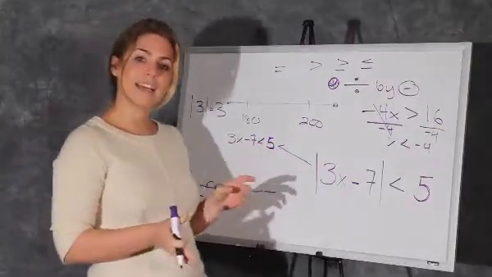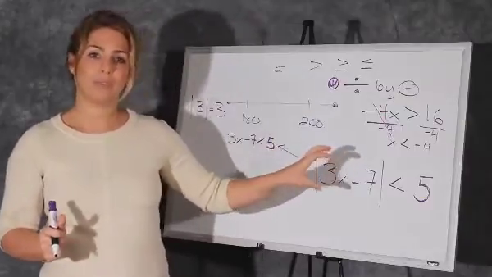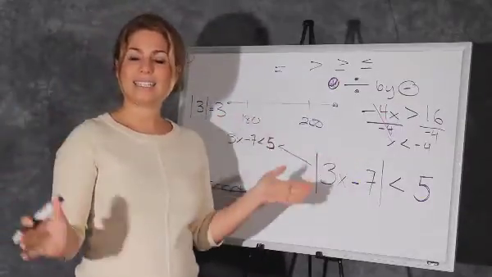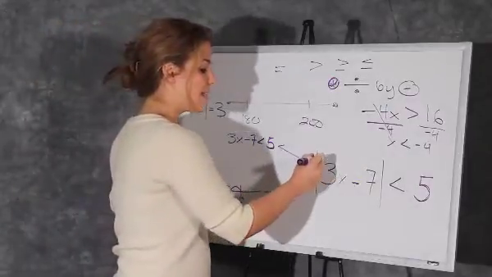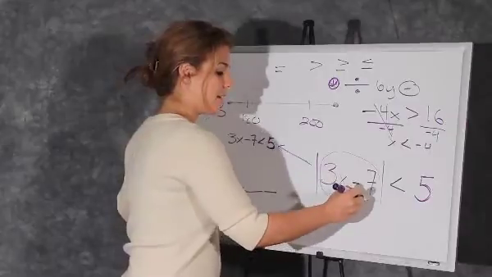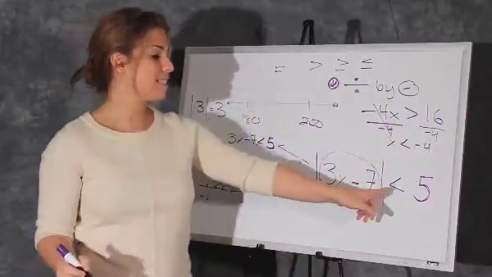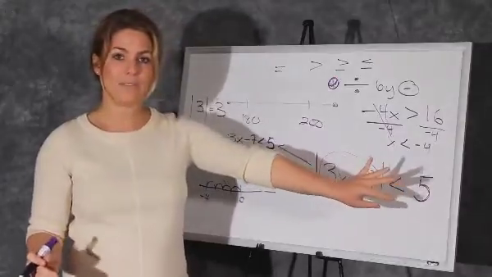Now the way that we're getting these two equations is if you think about absolute value, we said that it's the distance away from 0. So this inside here is referring to the distance away from 0, and it's saying that it has to be less than 5.